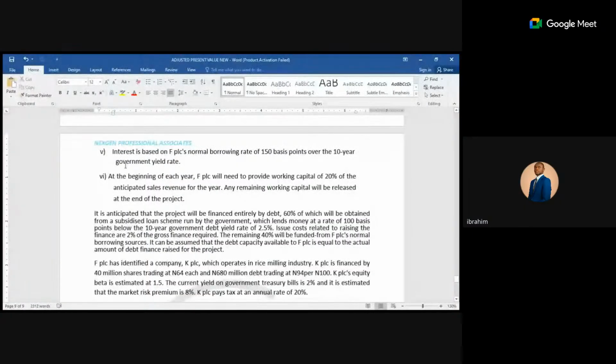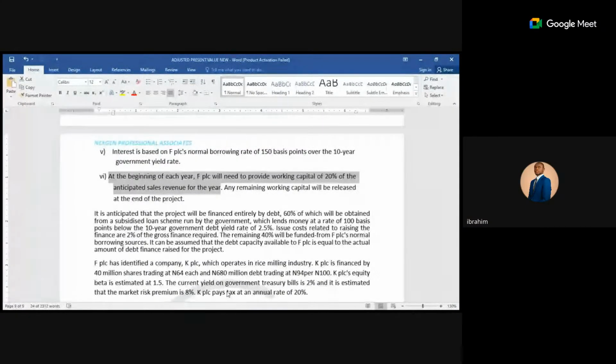At the beginning of each year, FPLC will need to provide working capital of 20% of the anticipated sales revenue for the year, meaning that there will be working capital of 20% of anticipated revenue.